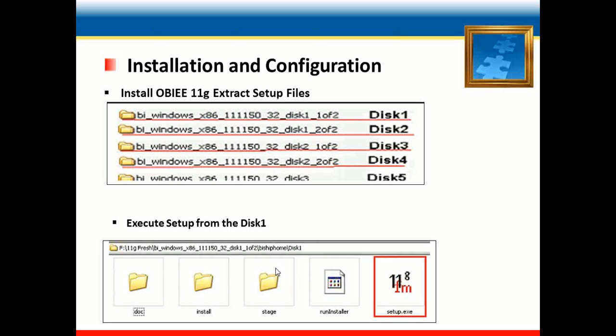Then comes installation and configuration of OBIEE 11G, starting with extraction of the setup file. We can extract these folders or RAR files under one folder.